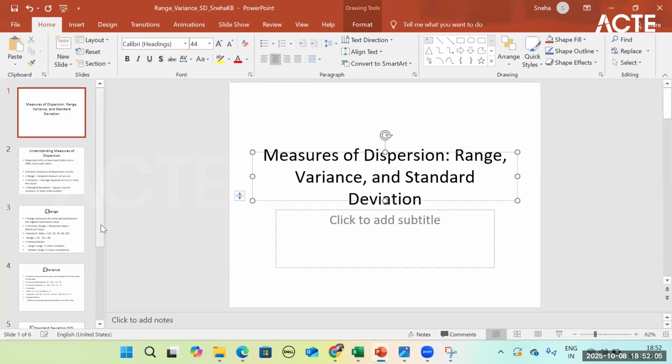Now, to understand how the values are dispersed in my data, I will see a measure of dispersion that can be calculated using range, variance, and standard deviation. These are the three different measures by which you can understand how the data differs in my data set: range, variance, and standard deviation.